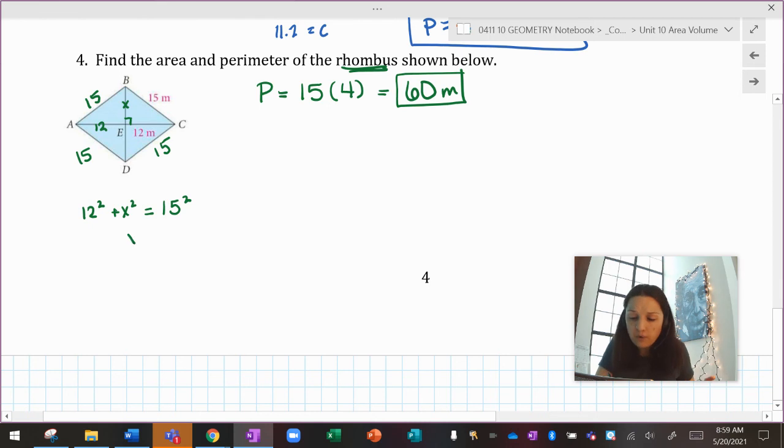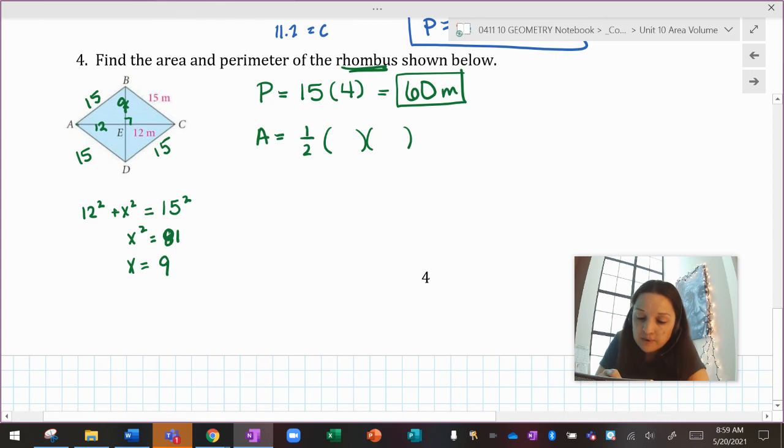And if I solve for x there, I'm going to do 15 squared minus 12 squared, and get x squared equals 81. So x is 9. And so now, if I want my area, it's 1/2 the product of the diagonals.